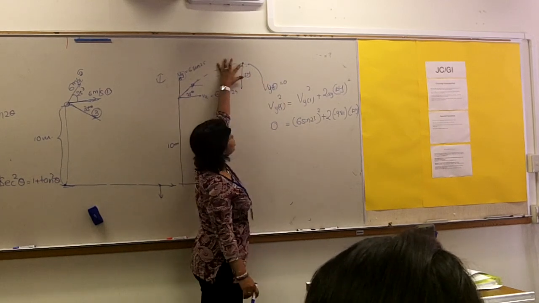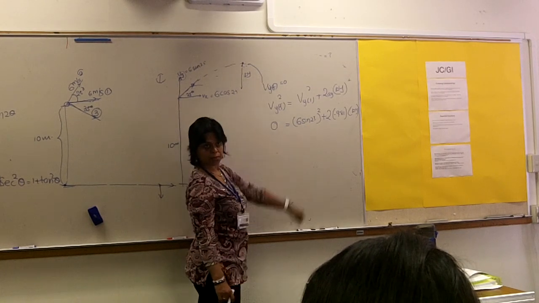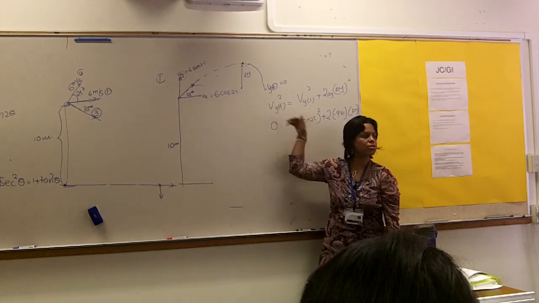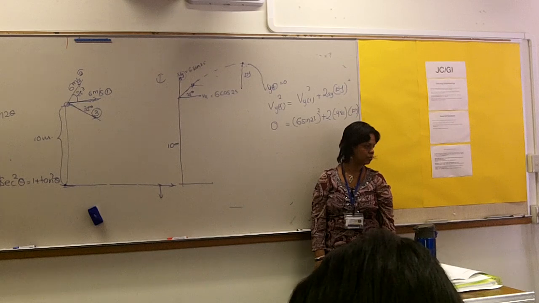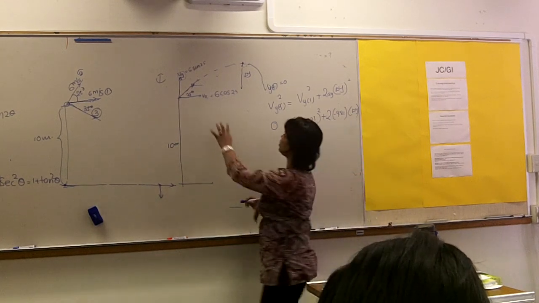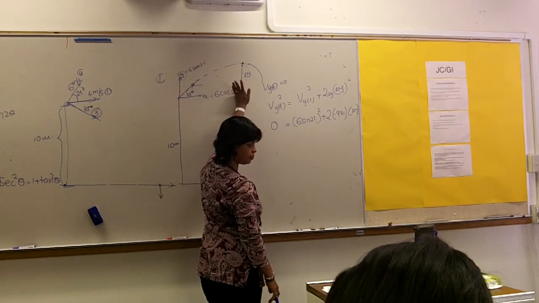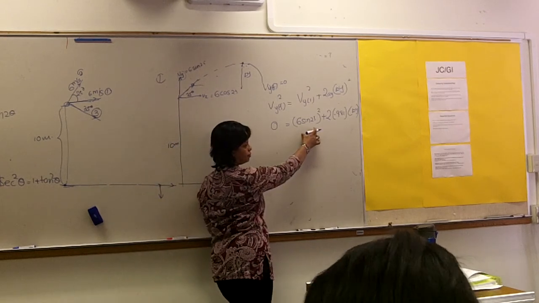So at this point your derivative is 0, because there's no slope. The tangent is horizontal now. From here to here, maybe it only goes that much. Probably, I'm not sure. Let's see. Did you use this?